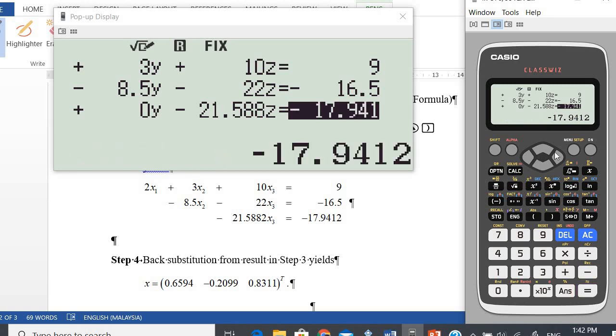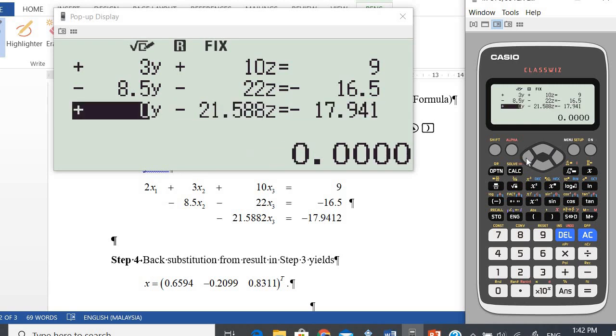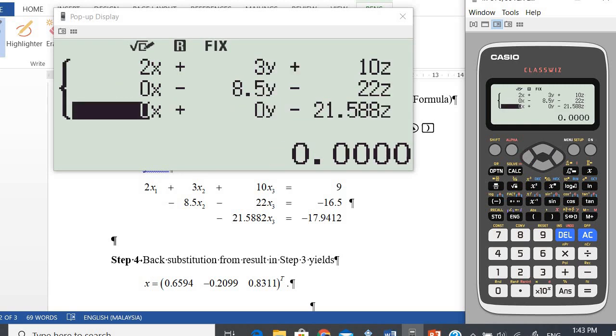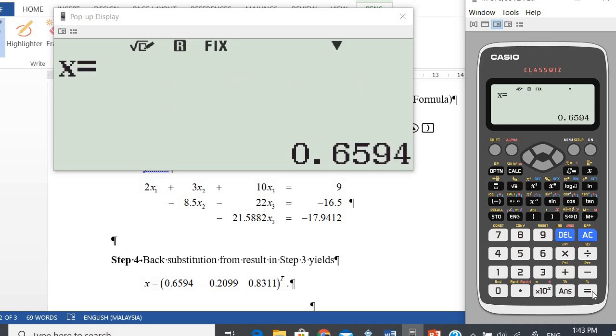Then you can check that the columns are correct, then you press equal. So this is the X, this is the Y, this is the Z.